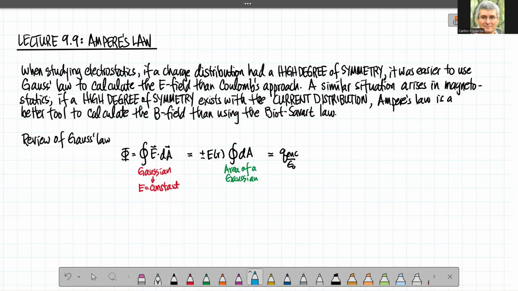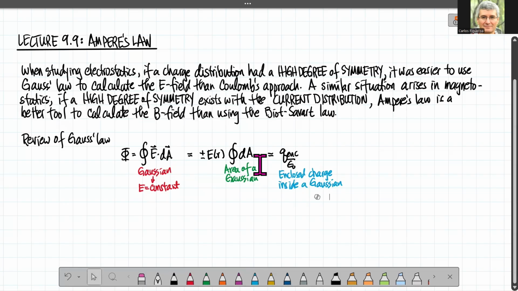This enclosed charge told us what? That this was the enclosed charge inside a Gaussian. That's Gauss's law right there.